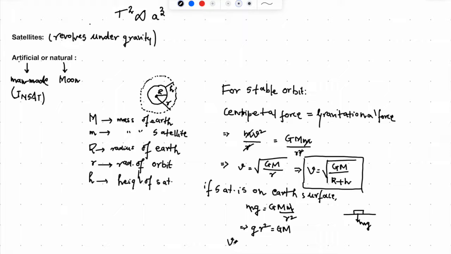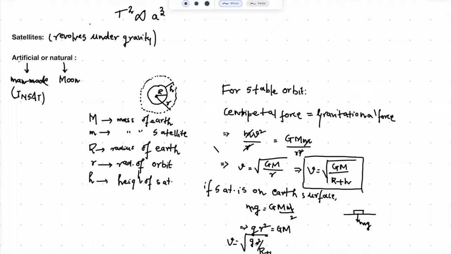I can simply write v is equal to root over, instead of GM, we can write g r square divided by r plus h. Now here it is on the surface of the earth, so there is a slight correction. If it is on the surface of the earth, it's going to be the radius of the earth.